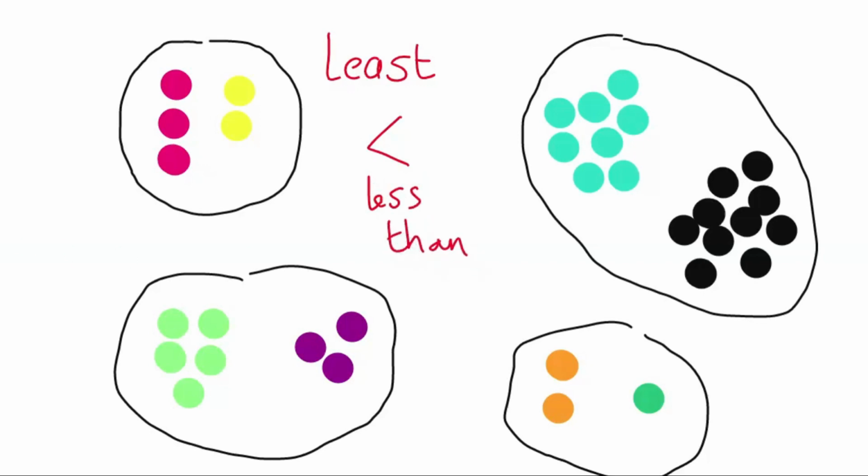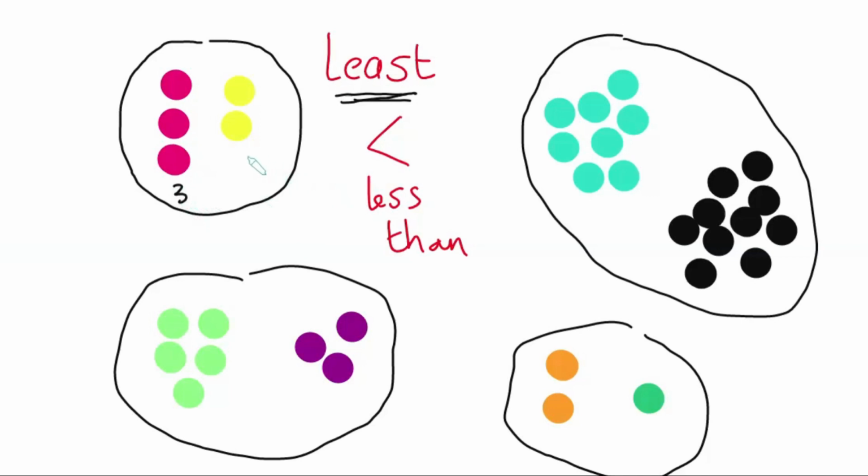Okay. Now we are going to do the same activity, but this time we need to identify which colour dabs are the least, which group has the least amount. Nice and easy. You ready? I'm not going to count them this time because we've counted them already. We know that here we have 3 pink dabs.